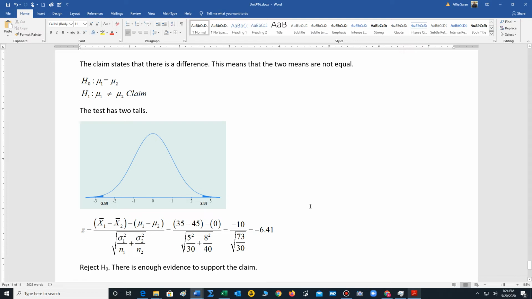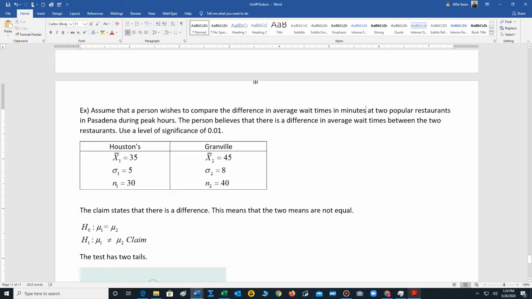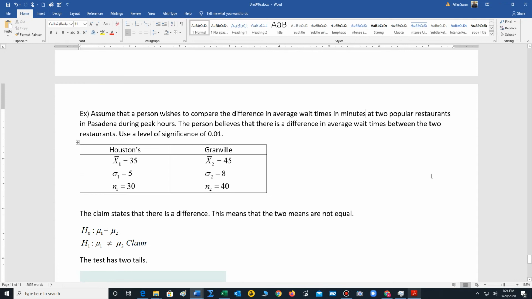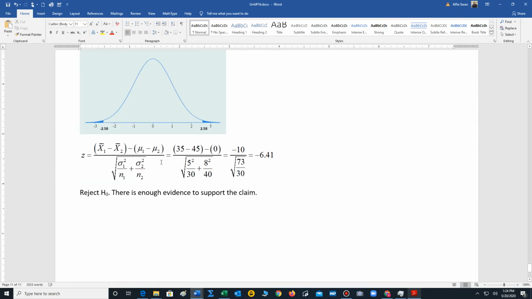Next, we take our sample data here and plug it into our formula. After we plug that information into the formula, mu1 minus mu2 is 0. We have the difference in the sample mean wait times over this information.